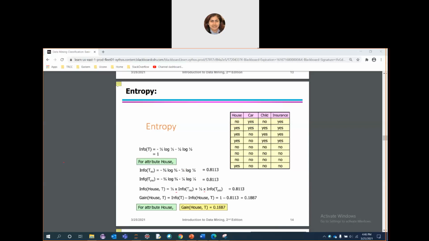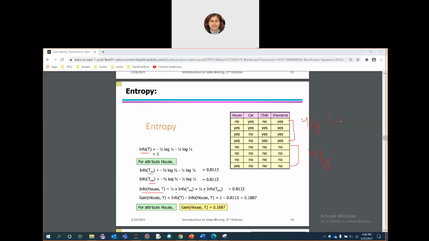Next thing, after calculation of no and yes, we need to find out the information or the entropy of house with reference to the whole entropy of the total data set. So how to find out that? You need to see how many yes are there, how many no are there out of total. Yes are total 4 divided by 8, total 8 samples, and 4 divided by 8.